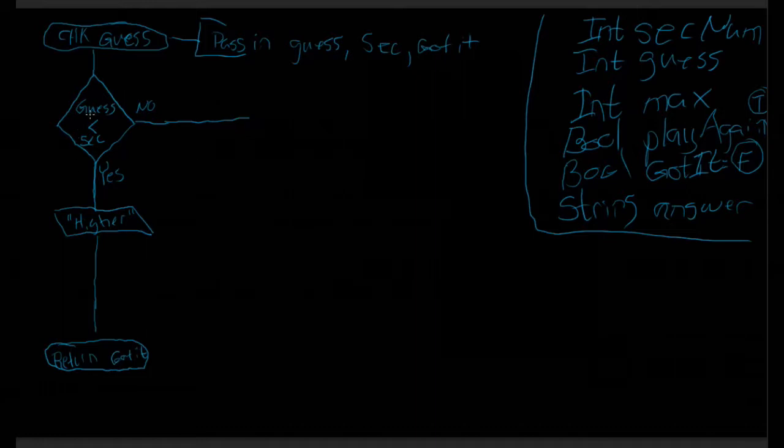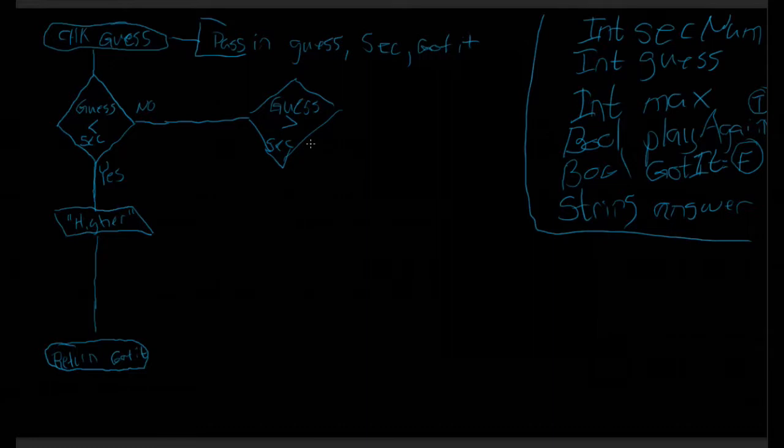Now, if the answer is no, if it's not less than, then we want to check if it's maybe greater than, right? So we would say guess is greater than secret.